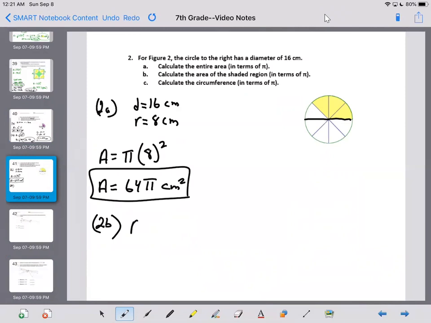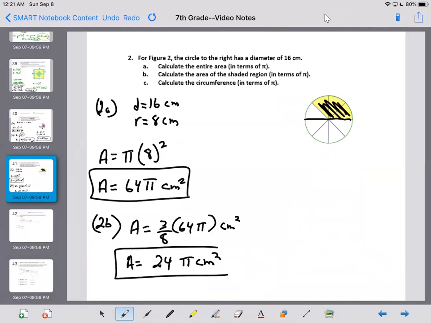Well, that is 3/8 of the 64 pi square centimeters. So I really only want those 3, and it's not the entire figure, it's 3/8 of it. So that area would be 3 times 64 divided by 8, so that's 24 pi square centimeters.